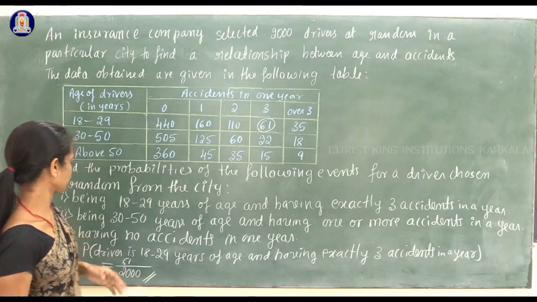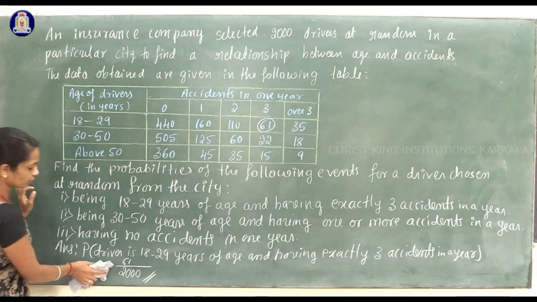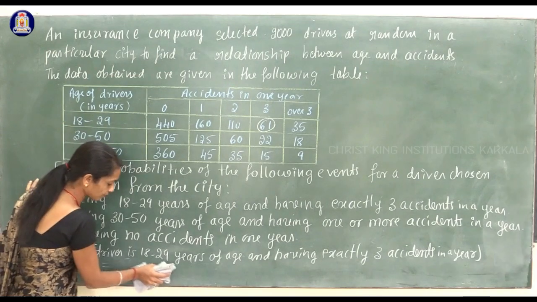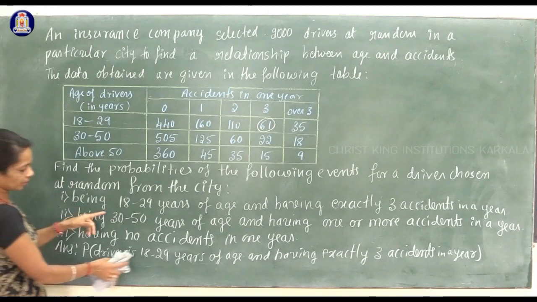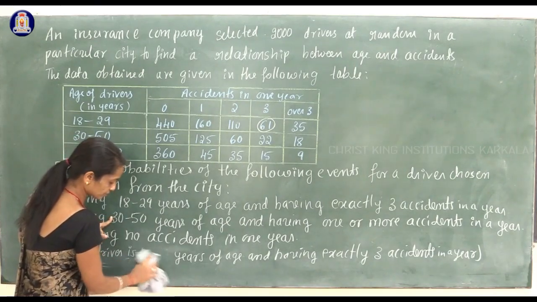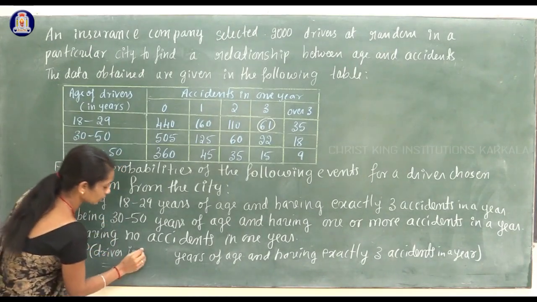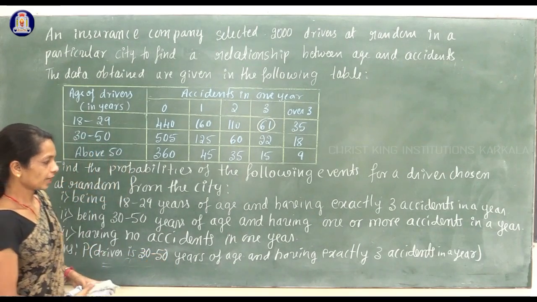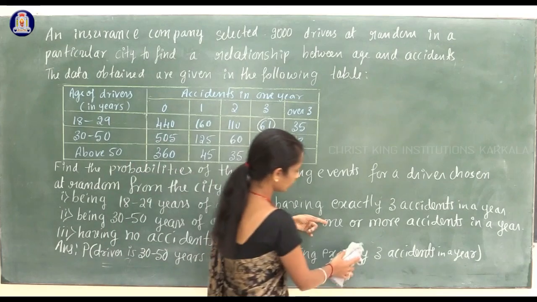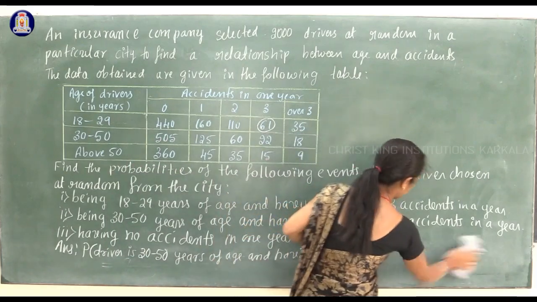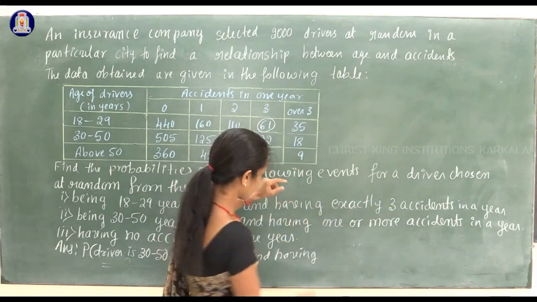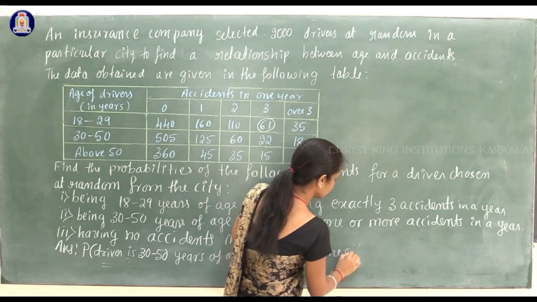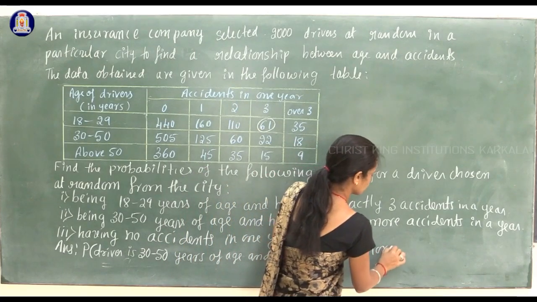And second one: you have to find the probability that a driver is between 30 to 50 years of age and having one or more accidents in a year.